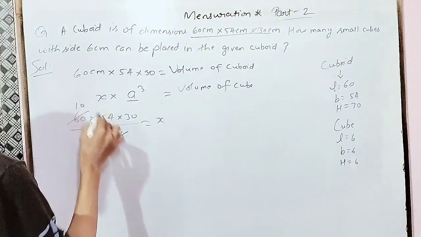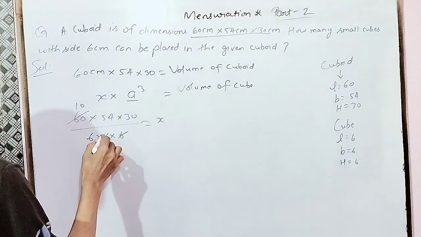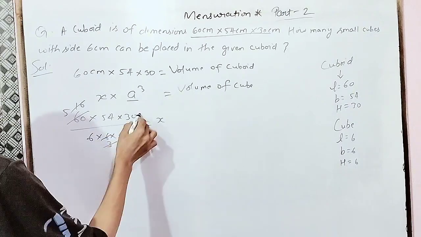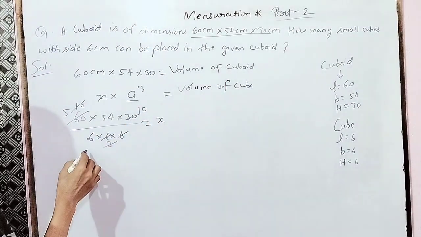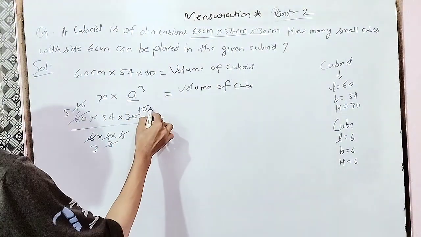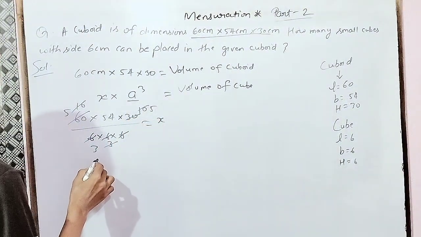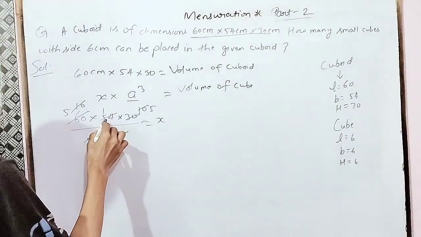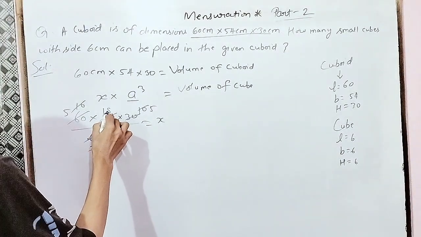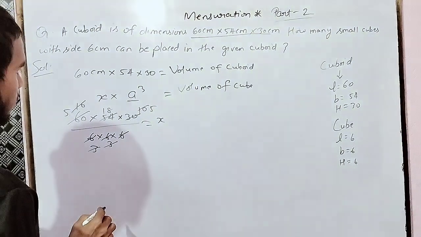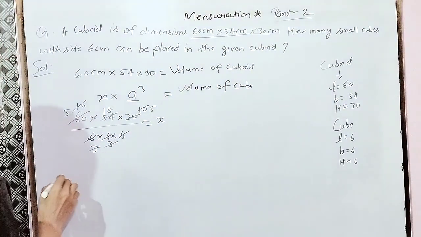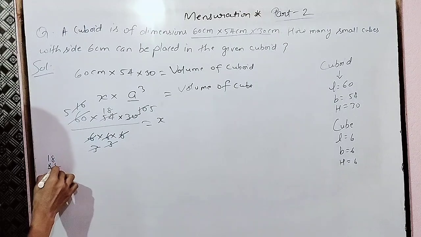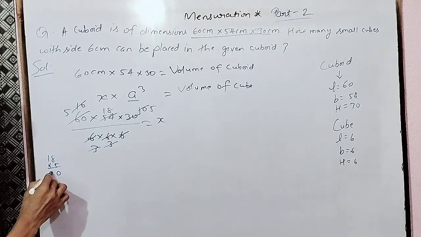Simplifying it, 6 ones are 6, 5 twos are 10, 3 twos are 6, 3 tens are 30, and so on.